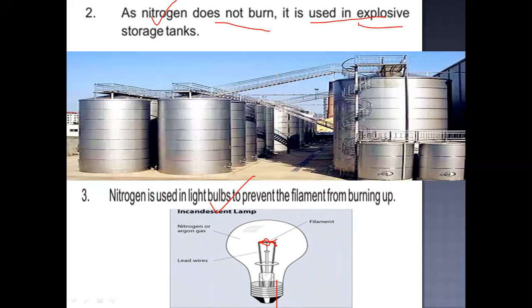But to keep this from happening, nitrogen or argon, because both are inert gases, are filled in this glass bulb, so that it can minimize this burning process.